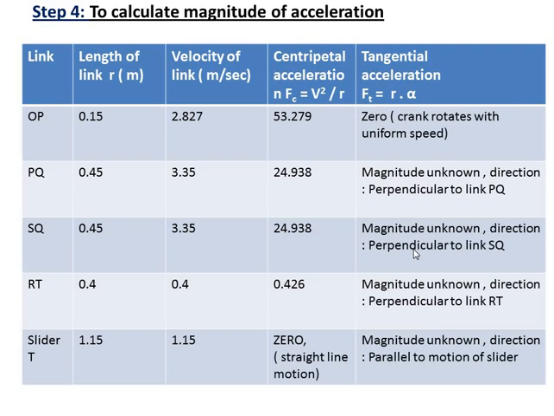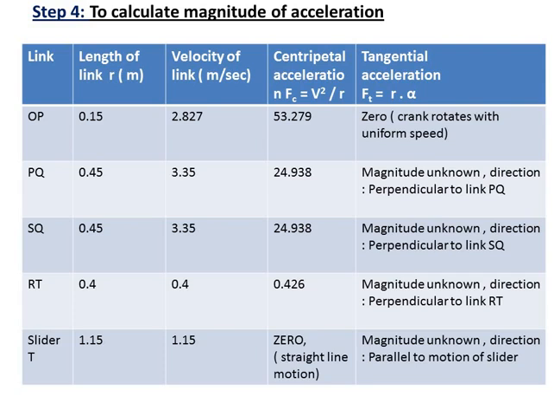This is to be located by having the intersection of the tangential components. And then for the slider, there will not be any centripetal acceleration because there is a straight line motion. There will be only slider having linear acceleration and that will be parallel to motion of the slider. Again, its magnitude is unknown. So that is to be located by intersection of the vectors.